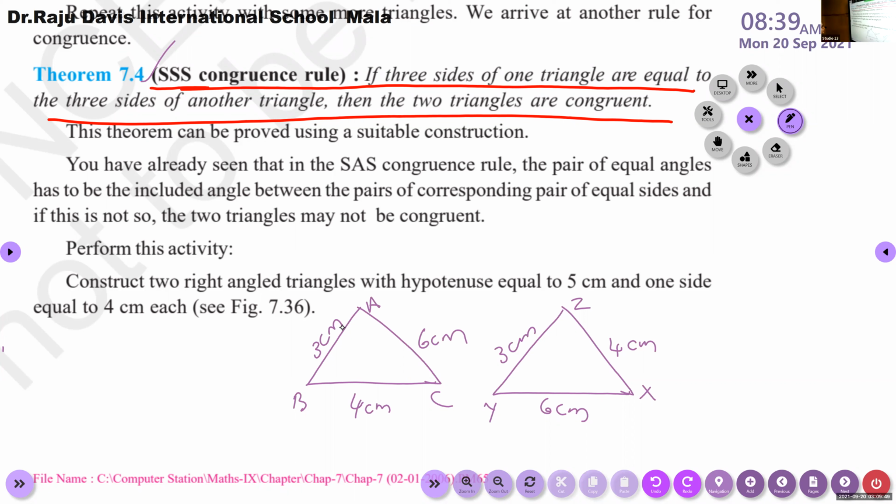Here BA equal to YZ equal to 3 centimeter.